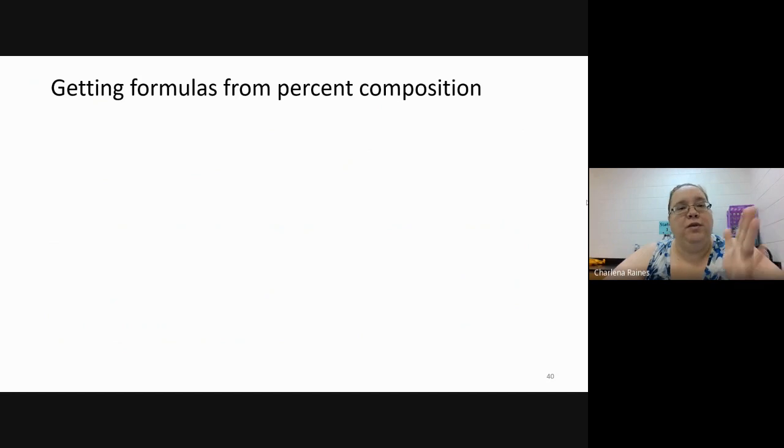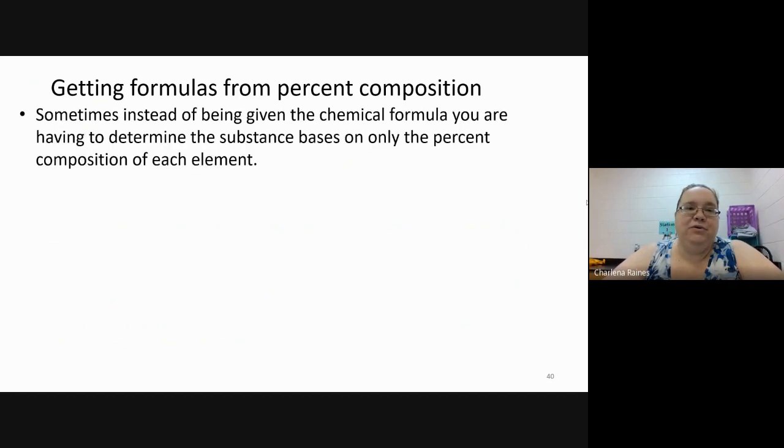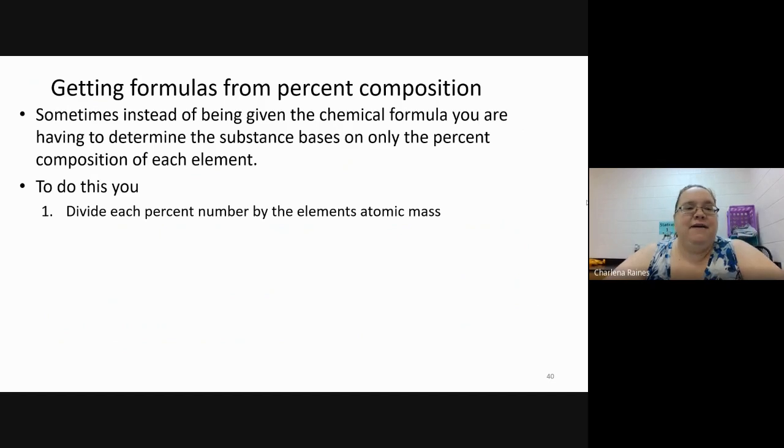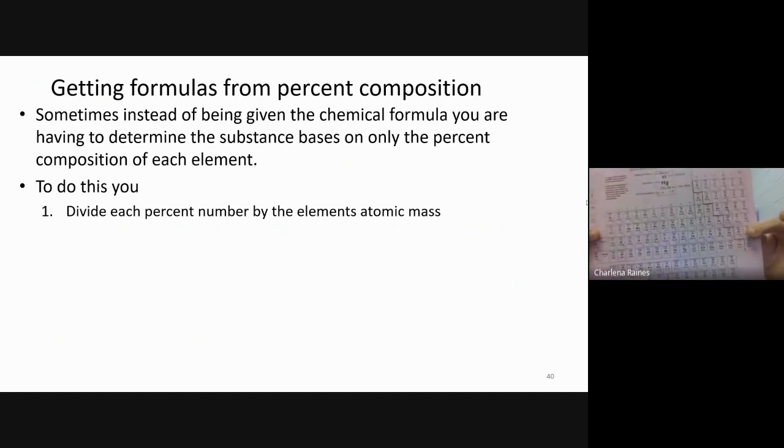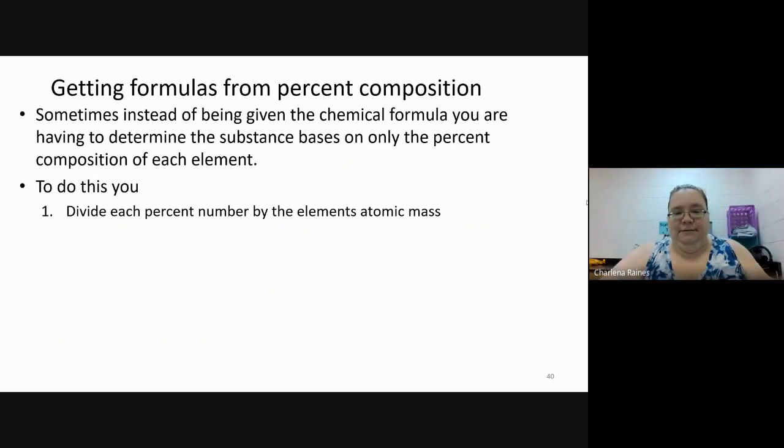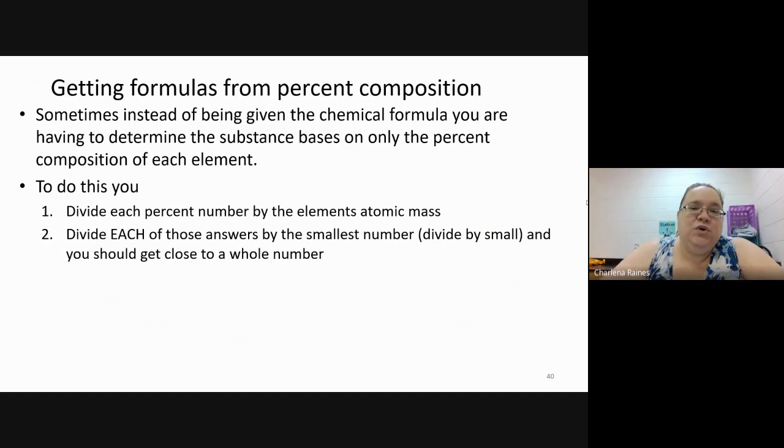So to go from the percent back to the empirical formula, all you have to do is first divide each of the percents by the element's atomic mass. That means you're going to need your periodic table so that you know each element's atomic mass. Next, once you've done this for each of the elements, you're going to look at all of your answers and see which one gives you the smallest number. Then you're going to divide all of your answers by that smallest number.